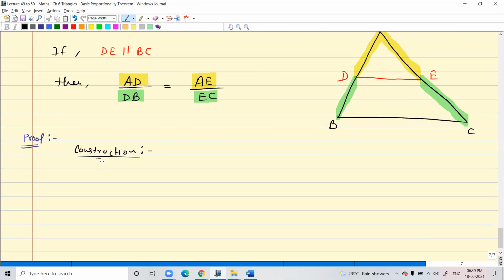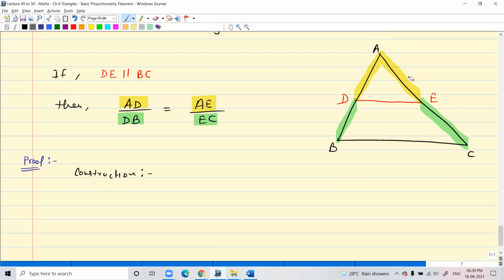Let's do a little bit of construction. By construction, I mean we'll just add a few lines over here. I'm going to join B with E. And I'm also going to draw a perpendicular from this point D to the side AC, something like this.